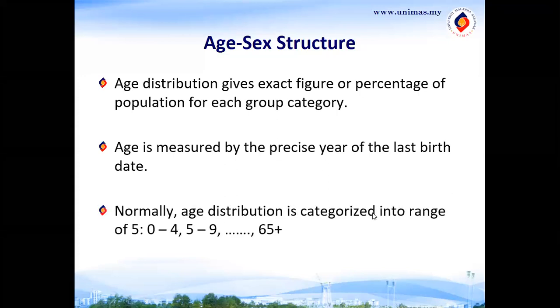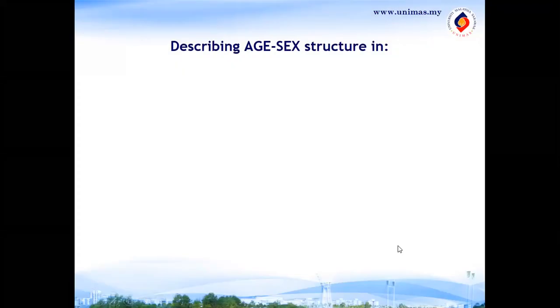Then they are categorized into ranges of 5, for example 0 to 4, 5 to 9, and so on and so forth. So each category contains about 5 different ages.